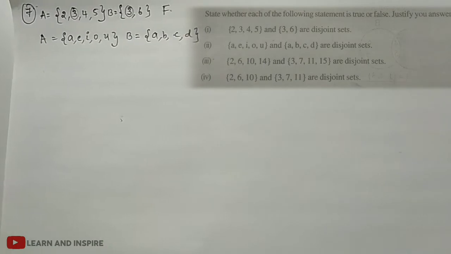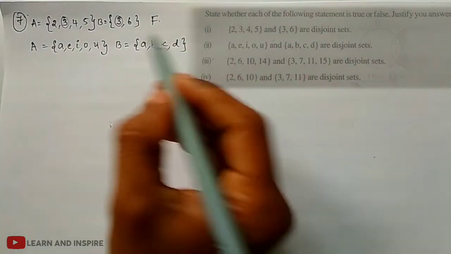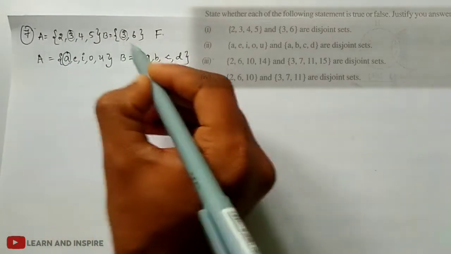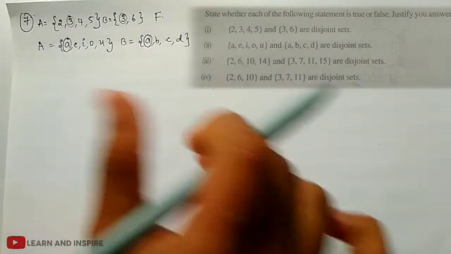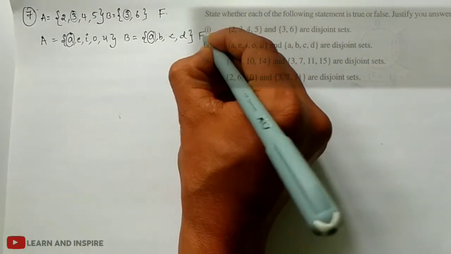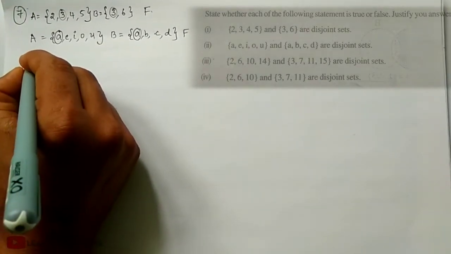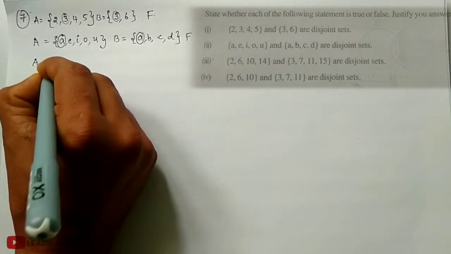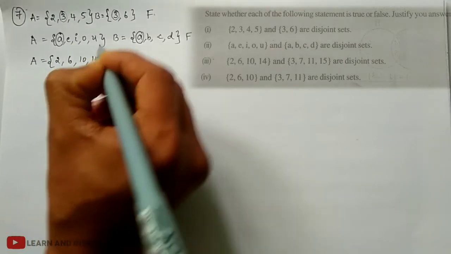Can we identify common elements in the first set and second set? Yes, you can see element A in the first and second set. So here we have a common element, so it is not a disjoint set, so the statement is false.